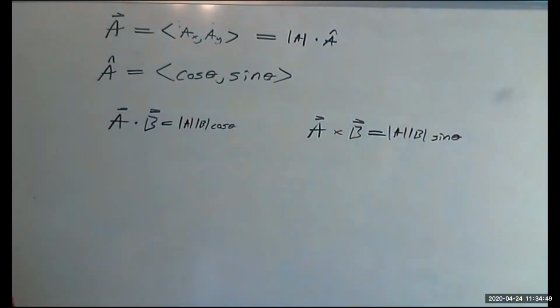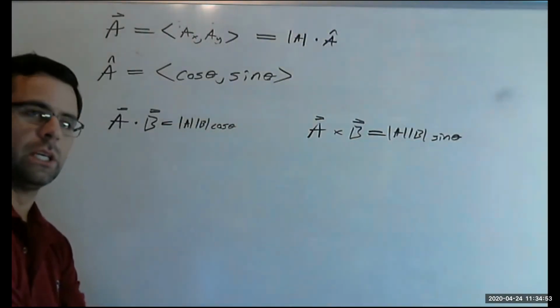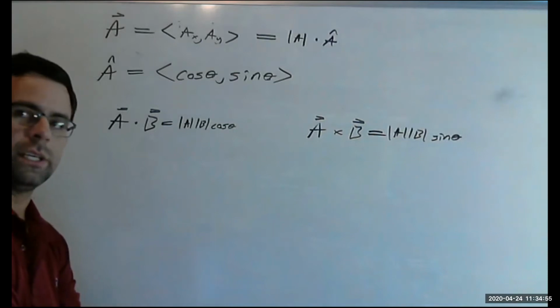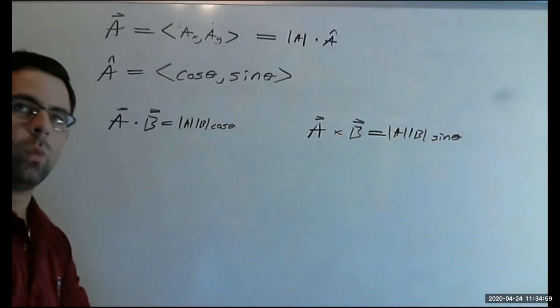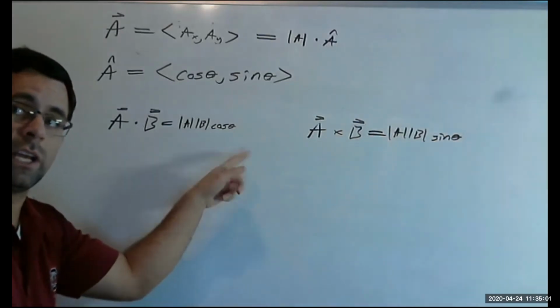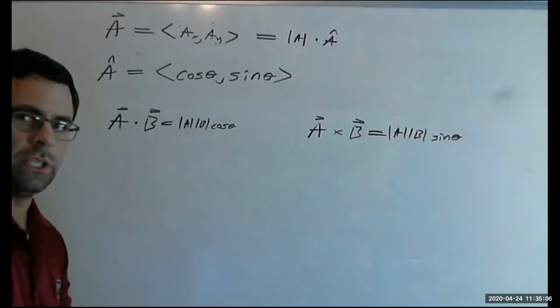Like I said, this is extra stuff, don't read too much into it. But the short answer is the two different kinds of multiplication. One of them uses cosine of an angle, the other one uses sine of an angle. So they don't really use tangent.